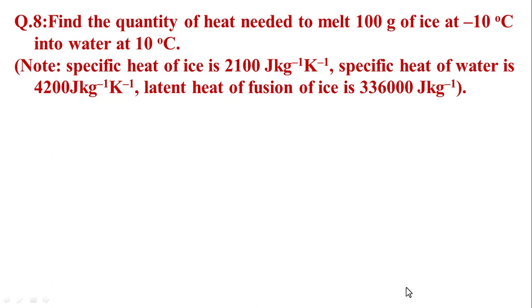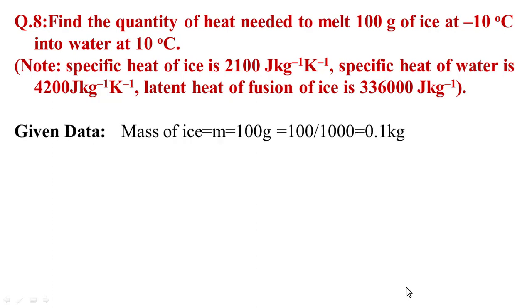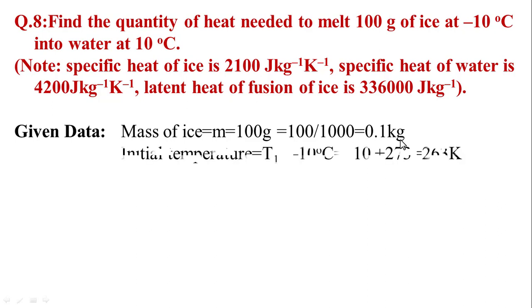Now write the given data. Mass of ice M is equal to 100 gram. First of all, 100 gram change into kilogram, then 100 divided by 1000 is equal to 0.1 kg. Now, initial temperature T1 is equal to minus 10 Celsius.